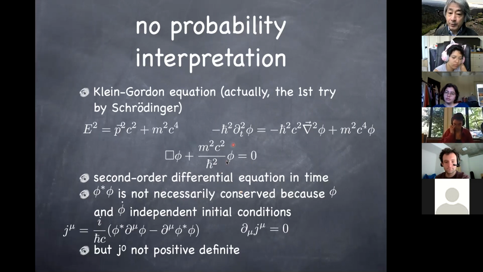So even though the Klein-Gordon equation was not eligible as an equation for the probability wave, as far as quantum field theory is concerned, the Klein-Gordon field is definitely eligible, because quantum field theory has a different way of deriving the probability wave.